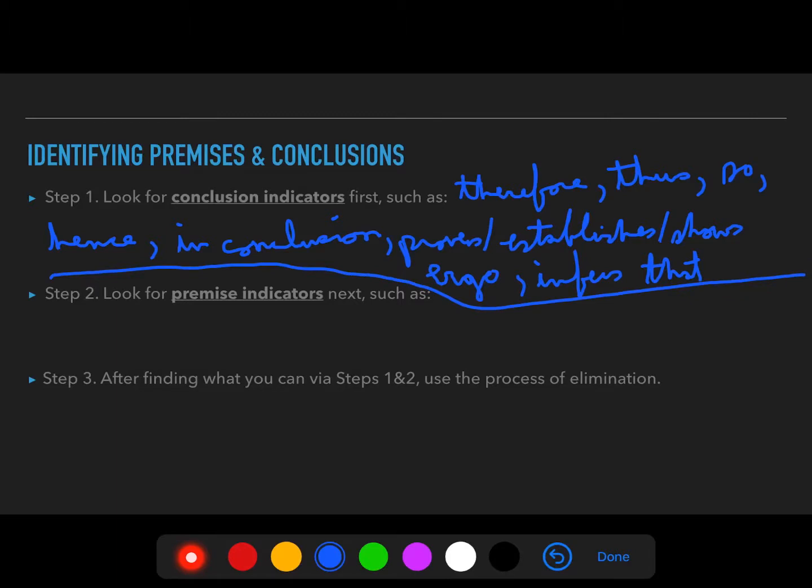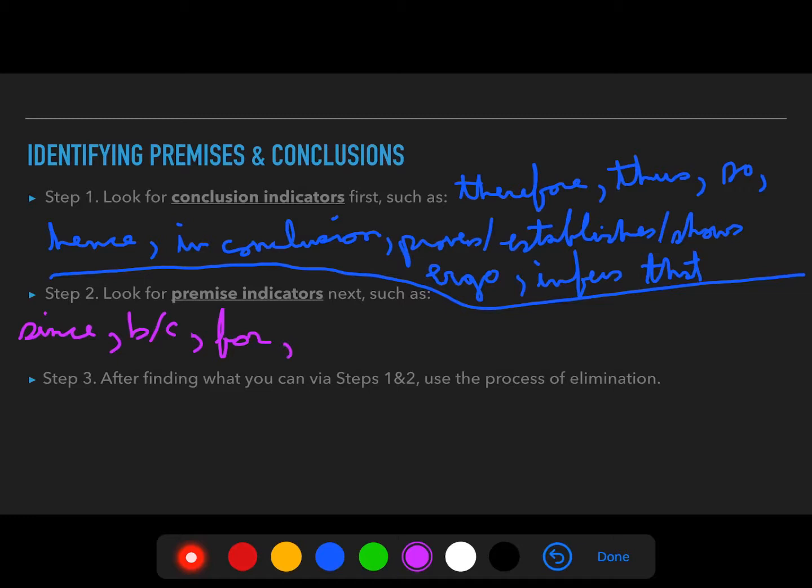Now let's look at premise indicators. So some examples there are fewer of those that we use commonly. Since, because, the word for can be a premise indicator.